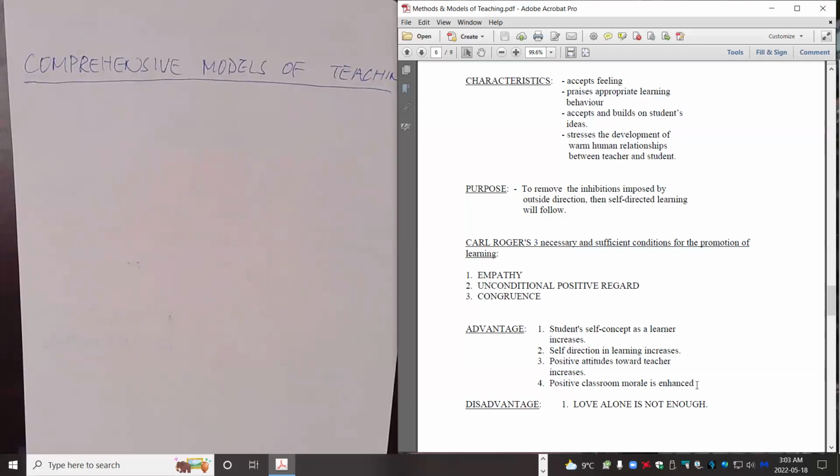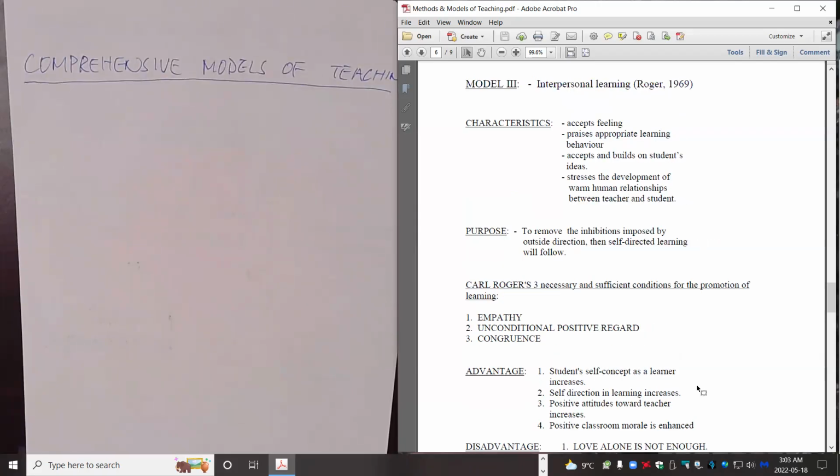So the disadvantage here is love alone is not enough. It is not enough. So this model is good for psychotherapy, like Carl Rogers the psychotherapist in clinical psychology.